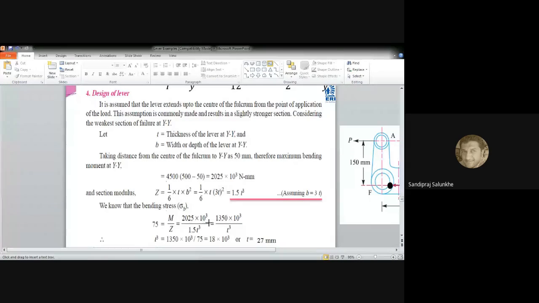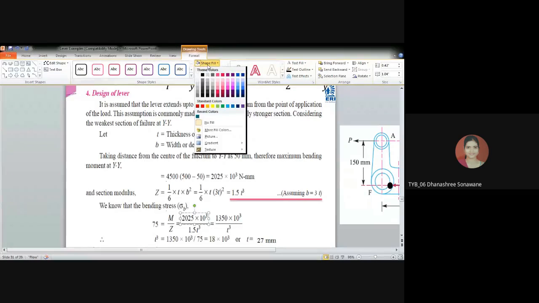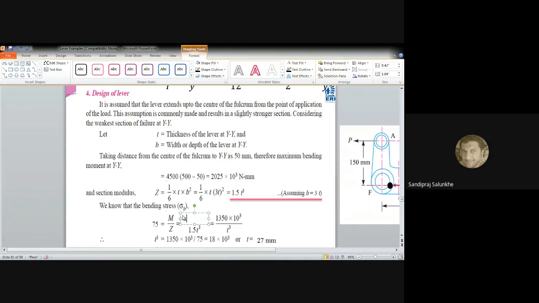2169 into 10 raised to 3. I'll replace it.